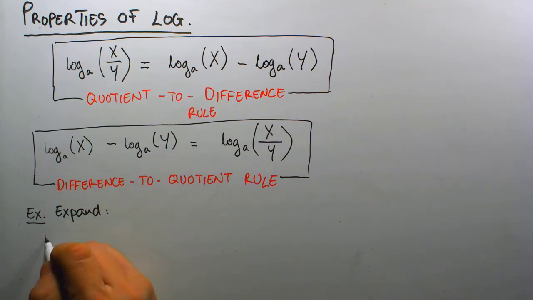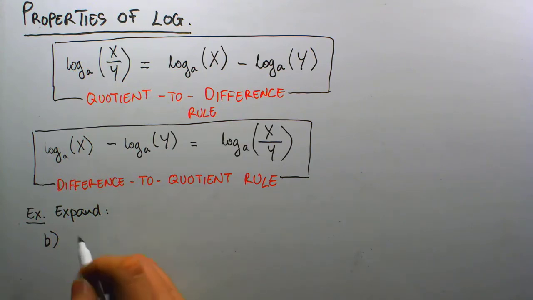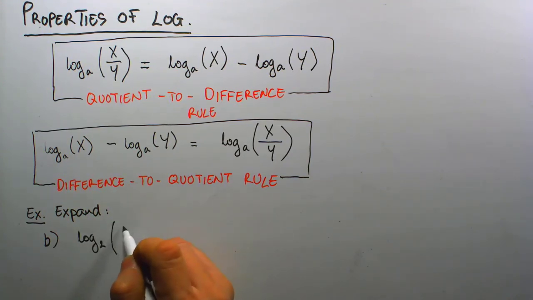And let's look at another problem when we're expanding a logarithm expression. So how about log base 2 of a over 8. What I have here is a logarithm expression, and specifically inside my log base 2, there's a quotient, a over 8.